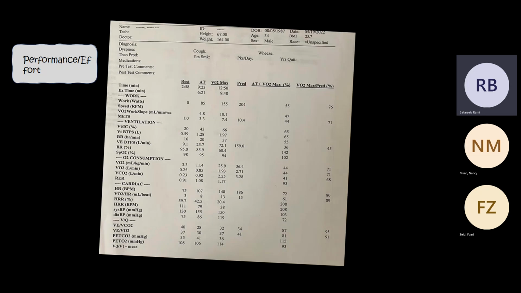First of all, as a physician, you have to be in the room with the patient while they are doing the test, because you are the one who will make sure that the patient is safe during the test, as well as you are the one who, as Dr. Jasmi said in the last lecture, makes sure that you push the patient to the limit. You push the patient, but make sure that it is safe, to reach his upper limit. Because if he or she does not reach the upper limit, then you cannot interpret the test. So that's why as a physician, you are inside the room and watching.